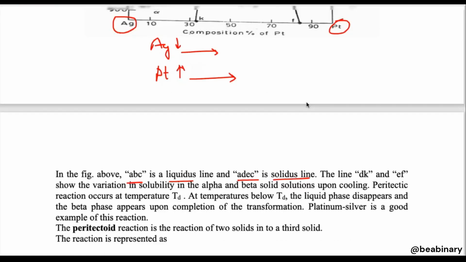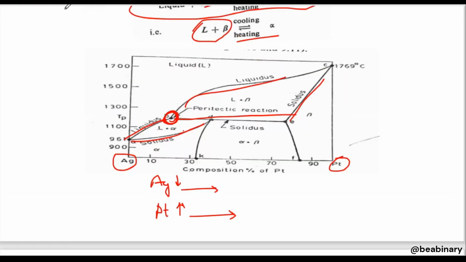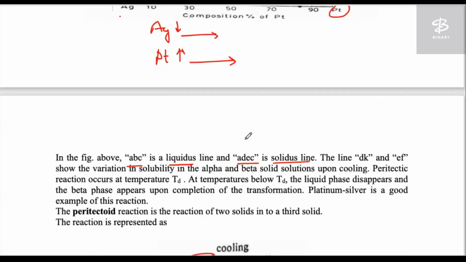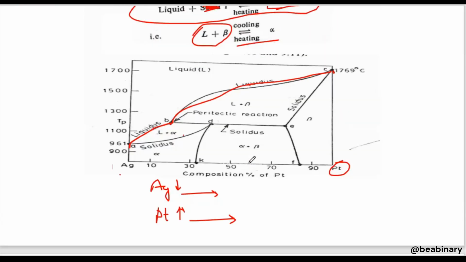You can see ABC: A, then B, then C. This particular curve is the liquidus line. And ADEC is the solidus line.